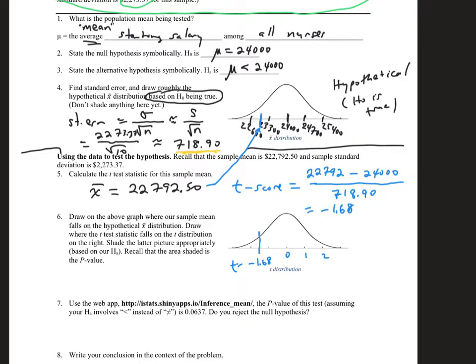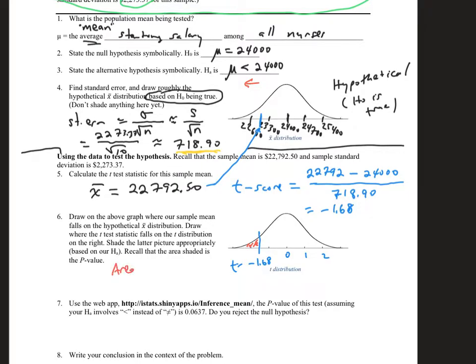Because of the structure of my alternative hypothesis, notice it has a less than sign in it, and we always think about the direction of the shading as going to follow that like an arrowhead. So the less than sign would mean that I'm shading to the left. So I would shade in this area. Because it's a one-tailed test, it's not a not equal to sign up there, it's a less than sign. That's the only part that I'll shade.